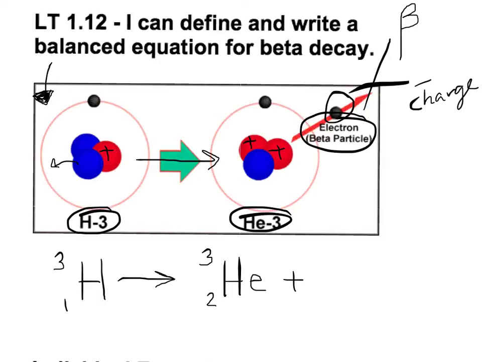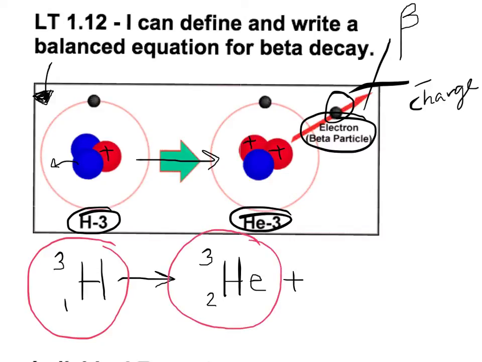I know what to write for my parent isotope because H is the symbol for hydrogen, 1 is its atomic number, and 3 is the mass. I also know what to write for my daughter isotope because 2 is the atomic number for helium, and 3 is the mass, since it contains 2 protons and 1 neutron. What do I write for my beta particle?